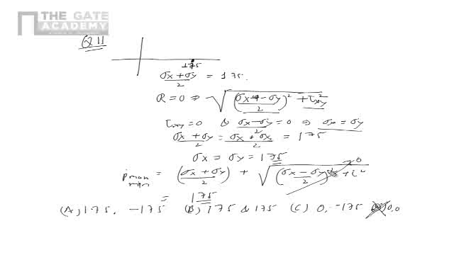Option D is outright wrong. It cannot be 0, 0, because if principal stresses are 0, that means there is no stress, but there is a stress given, 175, so it is not 0. Now because it's a point, obviously both the principal stresses are equal, so B is the right answer, which we have solved also.